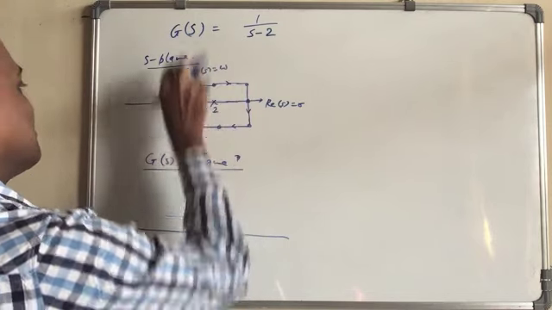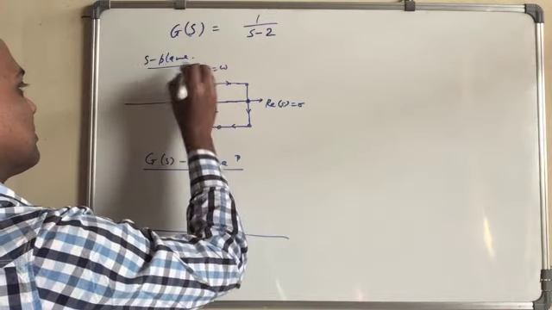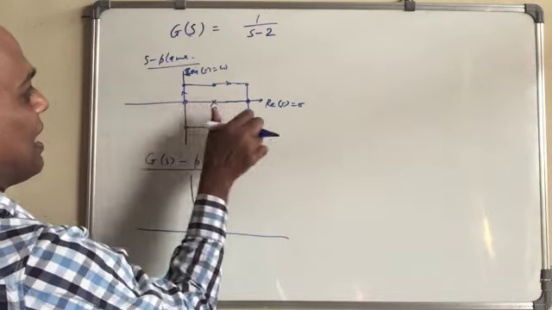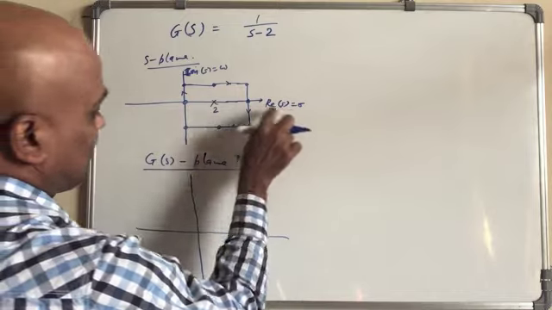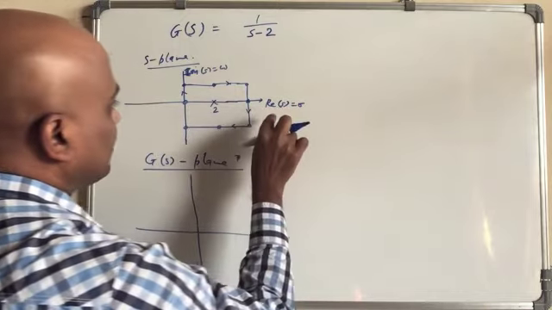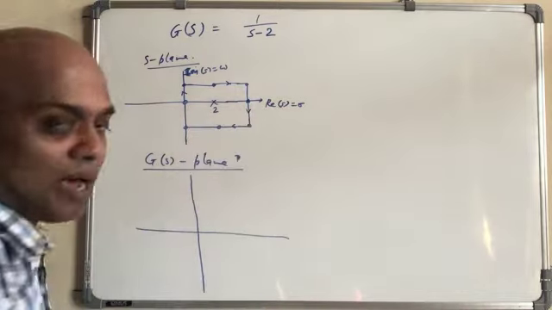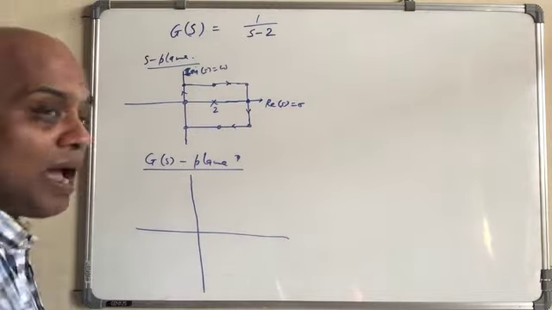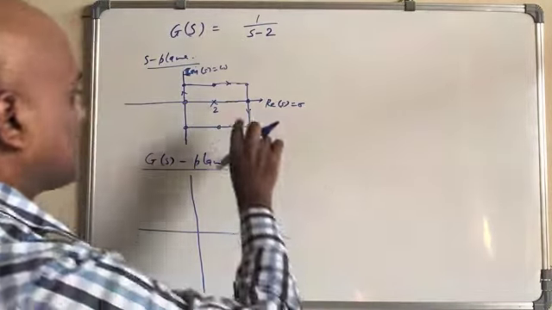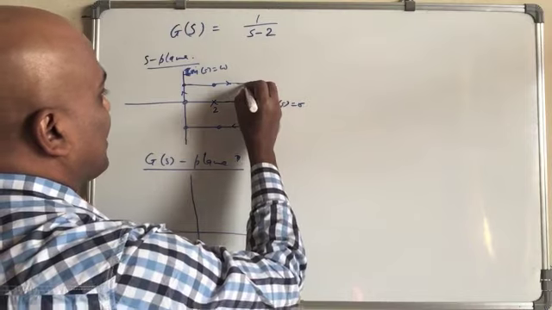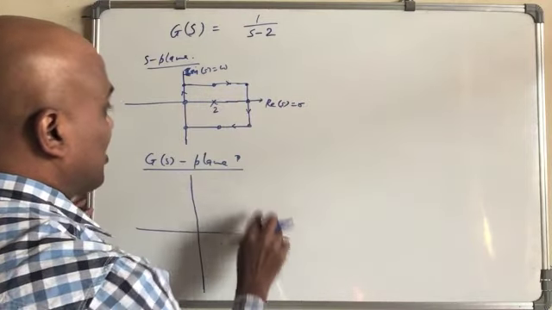So we have j omega here, and this side we have sigma, the real part of S. Now we are going to plot accordingly. Plot means we have to find out how G(S) changes.